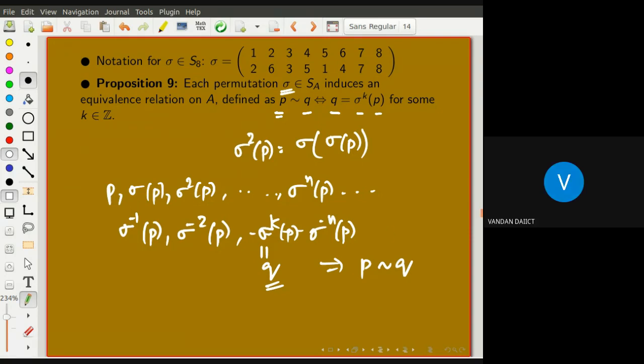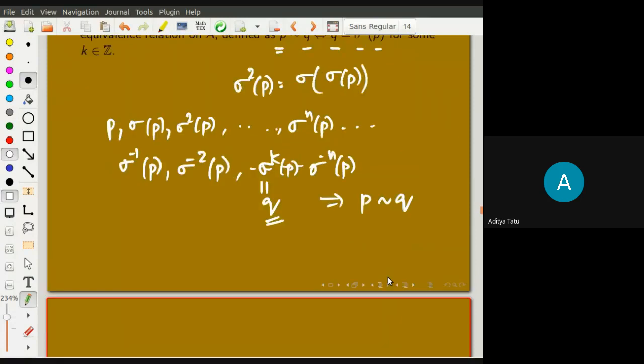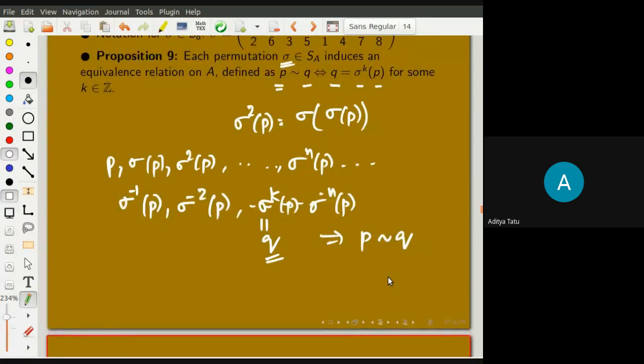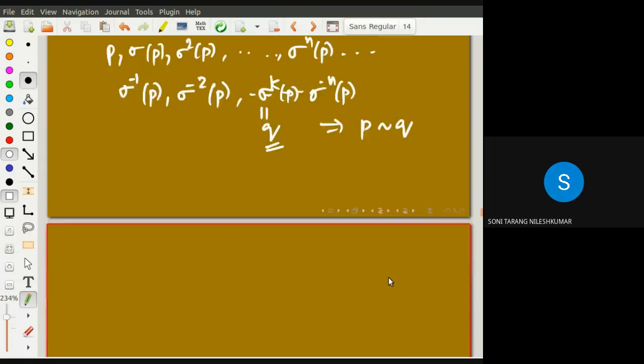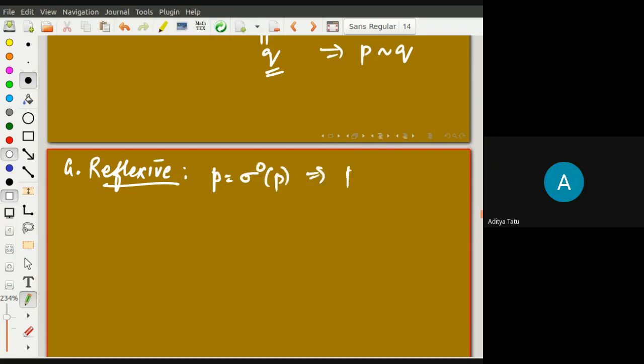Yes, sir. Now, how do we show this is an equivalence relation? We need to show that it is reflexive, symmetric, and transitive. Let's do this one by one. Reflexive? Yes, P is related to P, since sigma raised to 0 of P is P. Next.